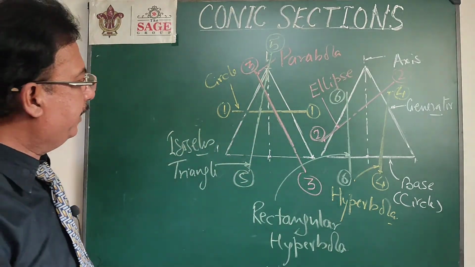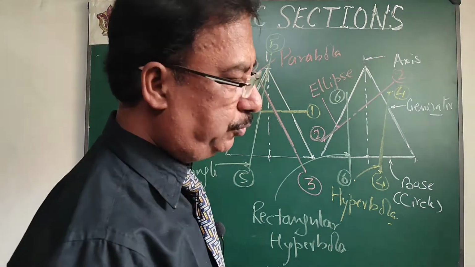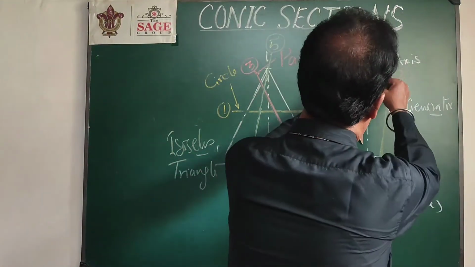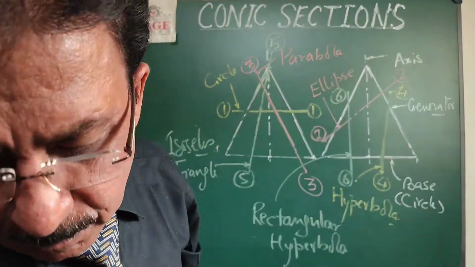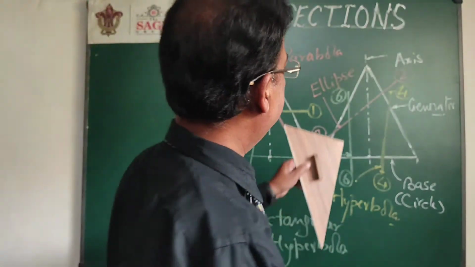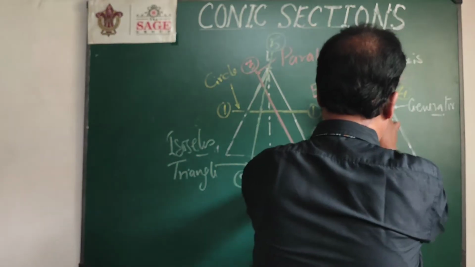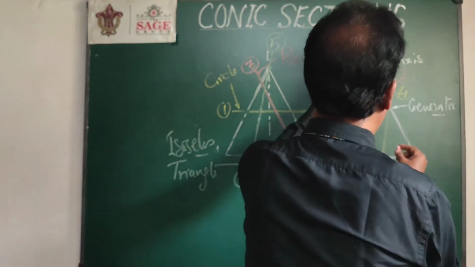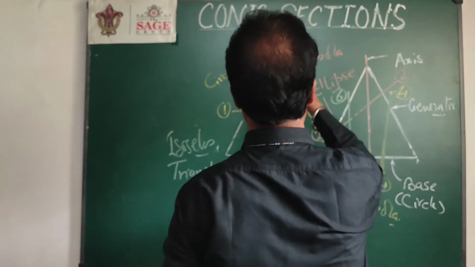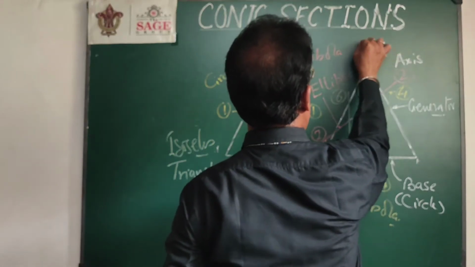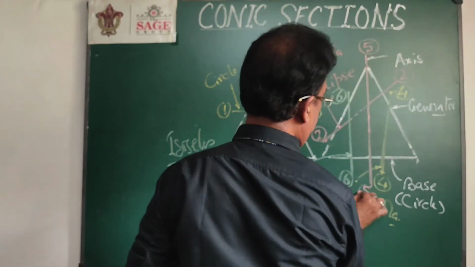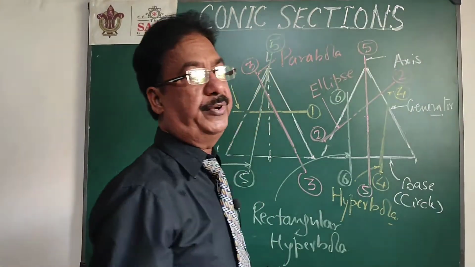Another option for the triangle is if I cut this cone through its axis. Then the whole cone will be divided into two equal parts. That is similar to case 5, and again we get a triangle.